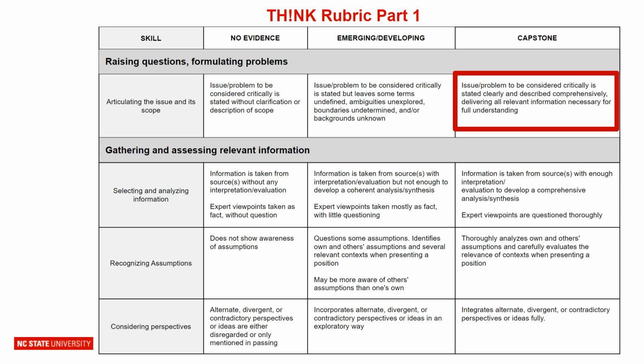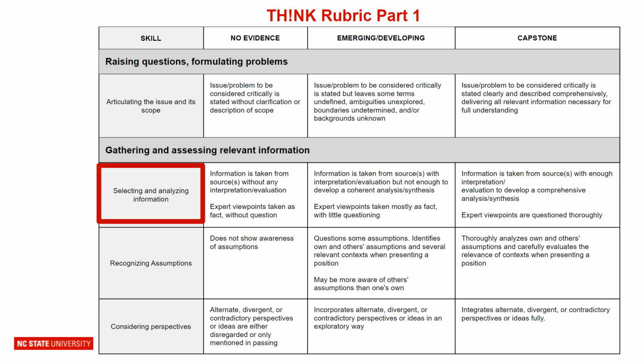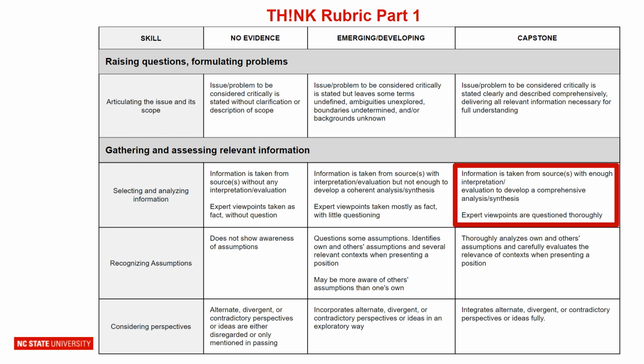There are 3 skills under gathering and assessing relevant information. The first, selecting and analyzing information. Capstone: information is taken from sources with enough interpretation or evaluation to develop a comprehensive analysis or synthesis. In addition, expert viewpoints are questioned thoroughly.